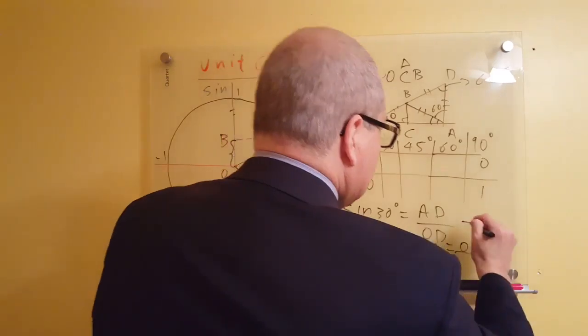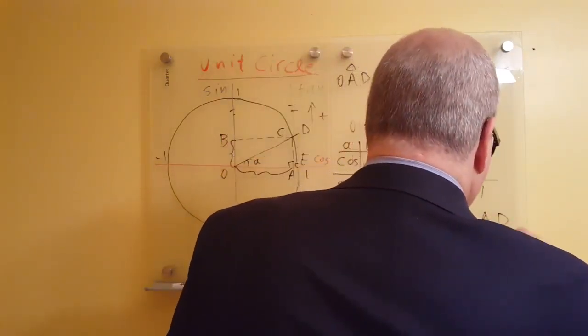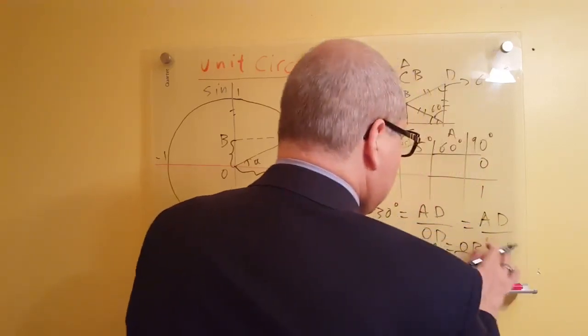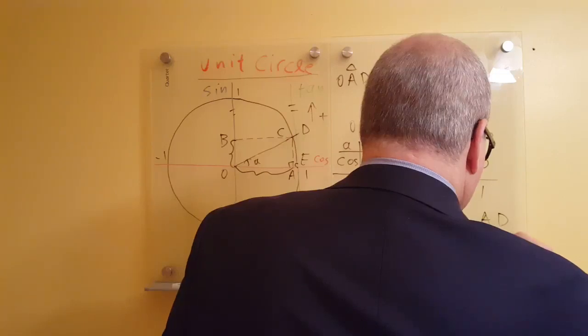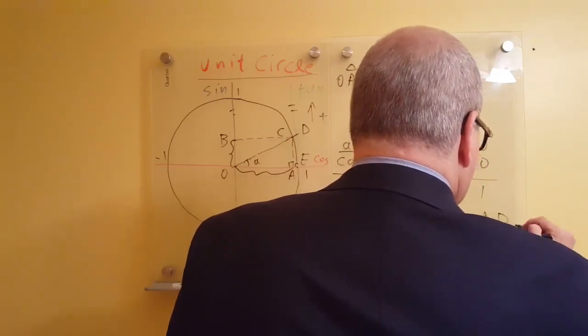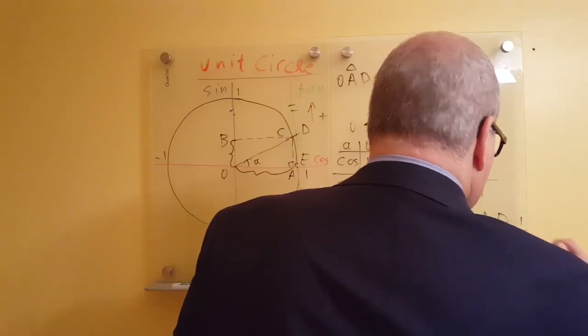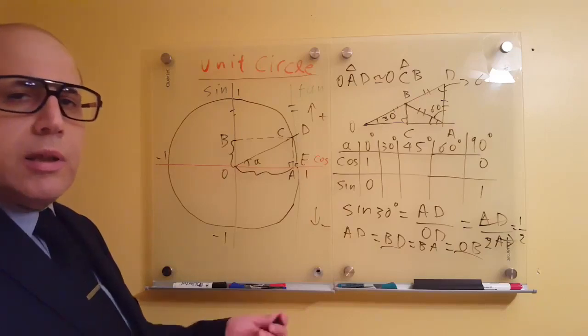So this here should be AD over OD, which we said is 2AD. So this with this cancel, and we have what we wanted, that the sine of 30 degrees is 1/2.